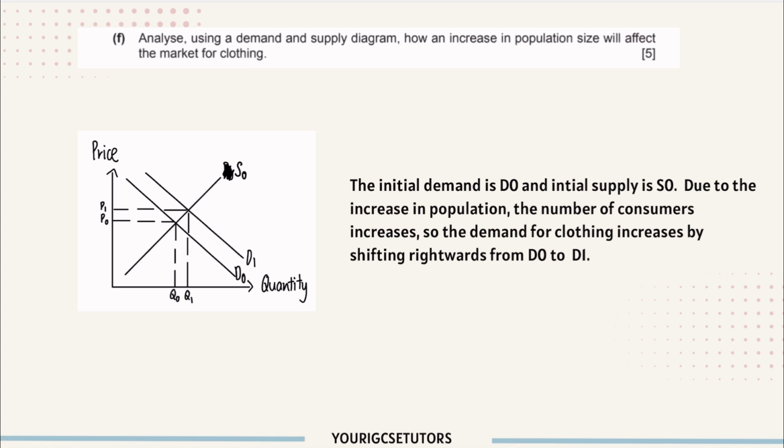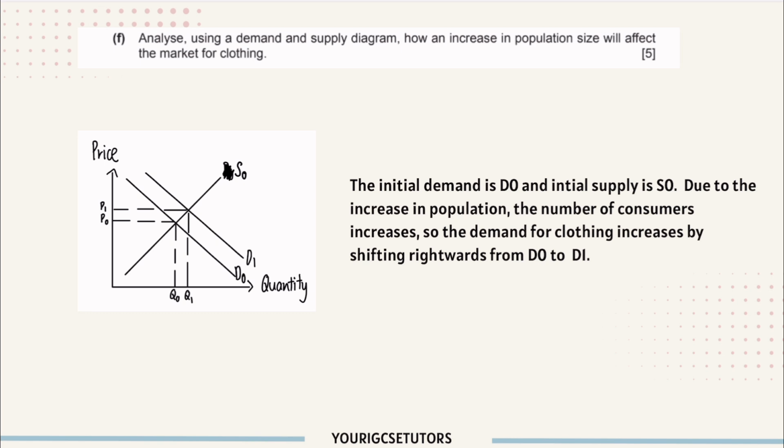Usually you don't have to describe the graph because the 4 marks you'll gain from drawing and labeling the graph correctly, and the additional 1 mark is for the analysis. But if you want to describe the graph, it's also better. The initial demand is D0 and the initial supply is S0. Due to the increase in population, the number of consumers increases.